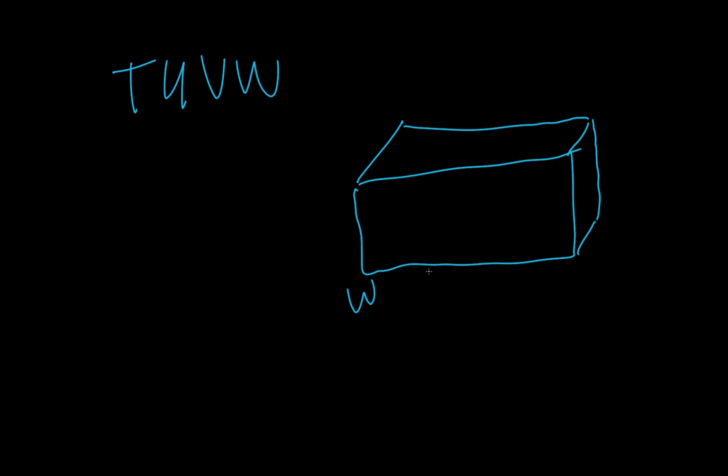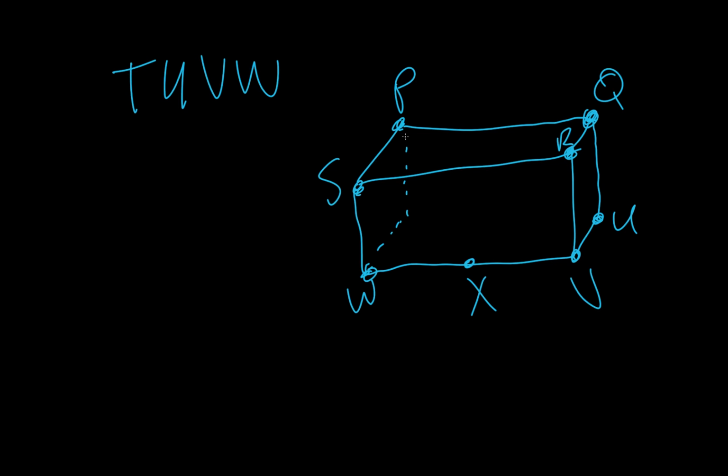We have W, there's an X marked right there, V, U, R, S, P, Q. All right, I'll draw these in too. Okay, so we have this, and it asks us to find PU.